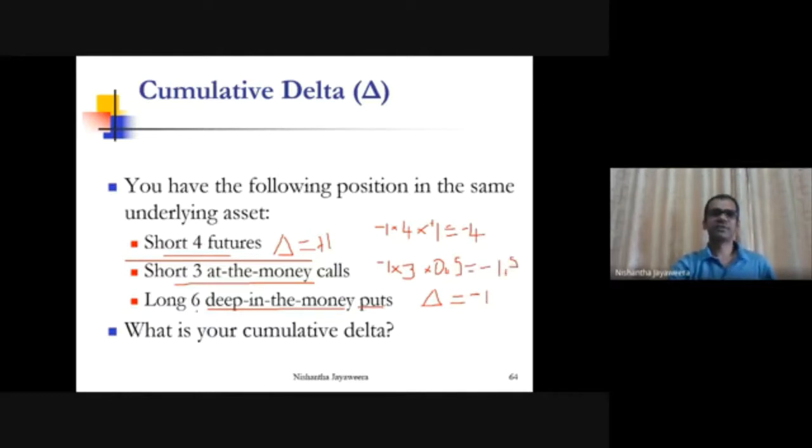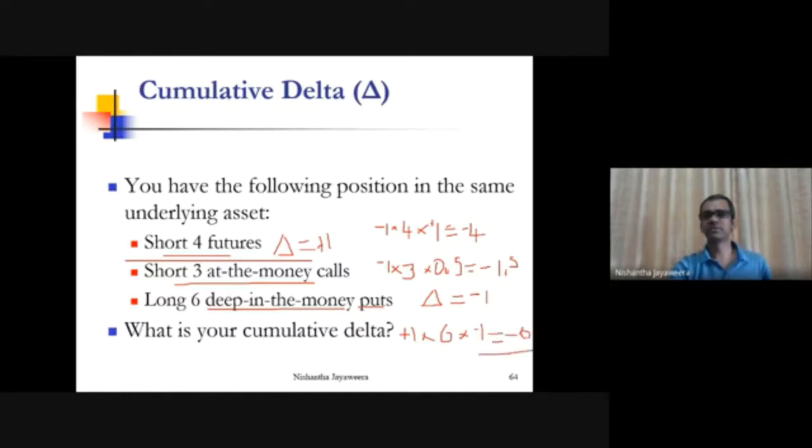Net delta is -1.5. Long 6 deep in the money puts. So then the directional bias is +1. How many contracts? 6. Deep in the money, -1. So it is -6. You add them together: -4, -1.5, -6.